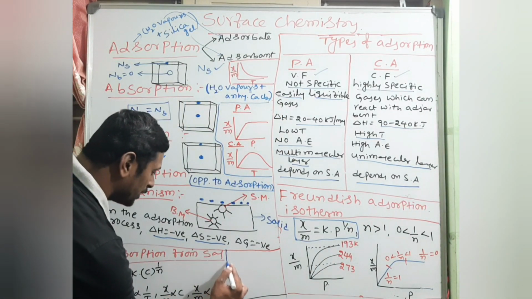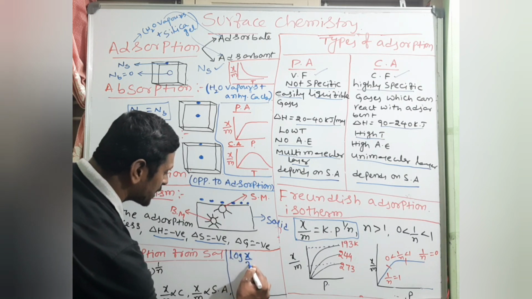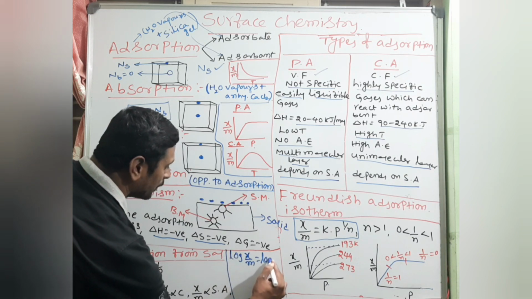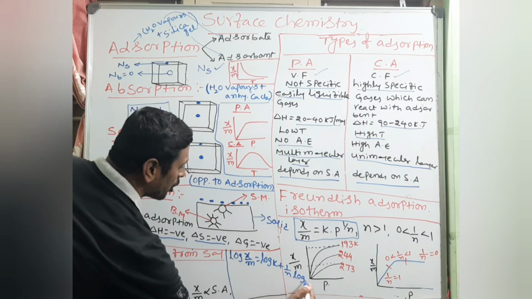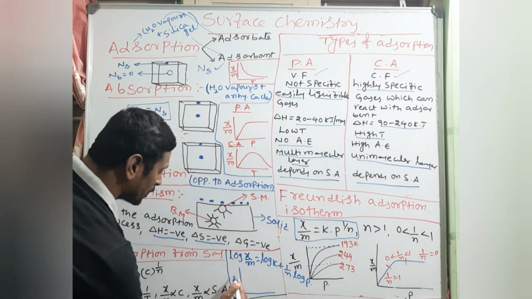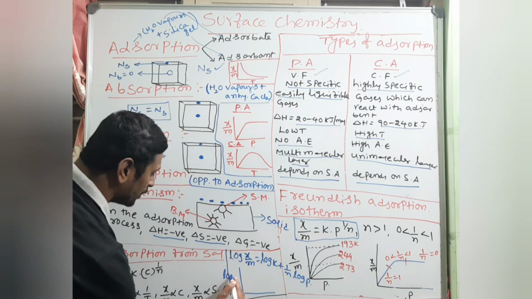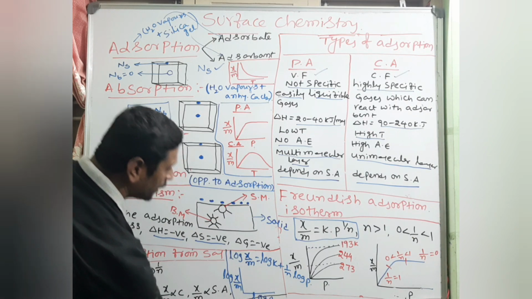And one more is, in case we take log x by m is equal to log k plus 1 by n log p, here also log x by m versus log p in case we take.